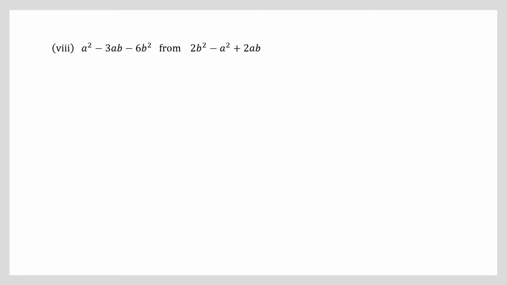The next question is given here. So let's start. Let's write 2b square minus a square plus 2ab. Below this, let's write a square minus 3ab minus 6b square.